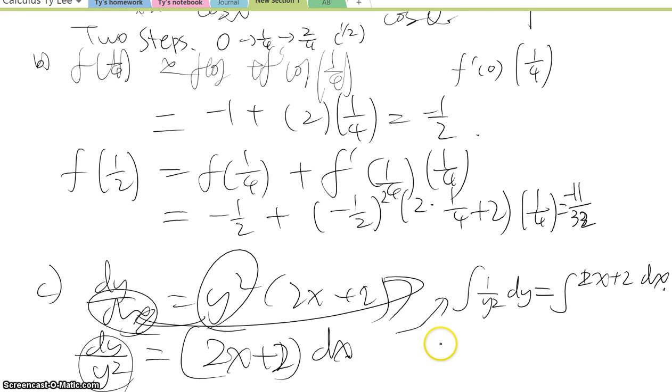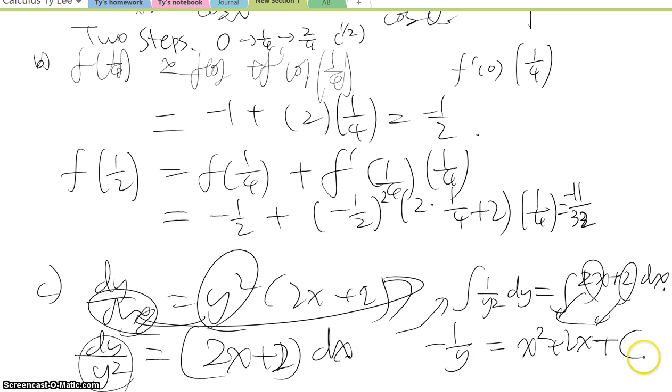So negative 1 over y equals x squared plus 2x plus c. You can write c on the left side or the right side, it doesn't really matter. Plugging in the values x equals 0, y equals negative 1, solve for c.